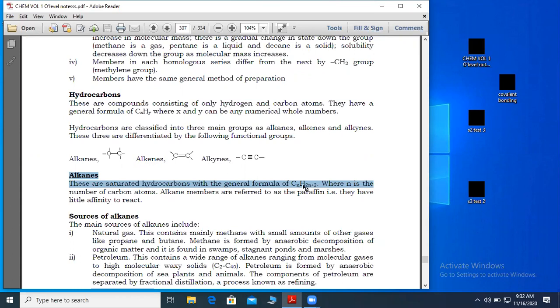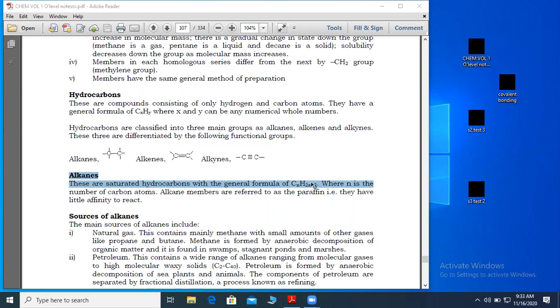This is the general formula for alkanes. 2n plus 2, where n is the number of carbon atoms, and n cannot be 0.